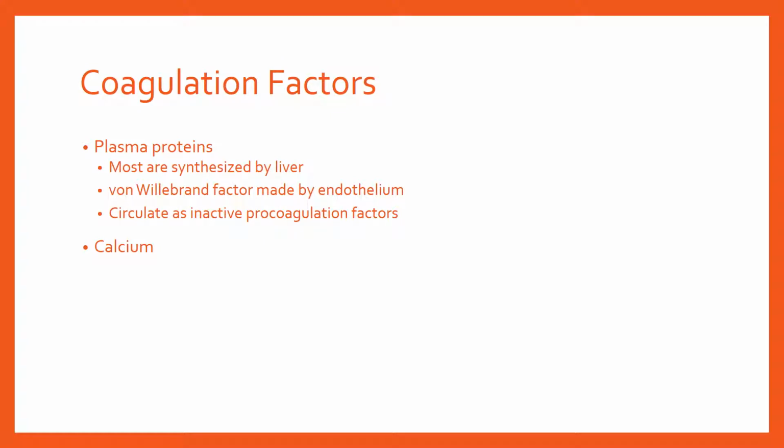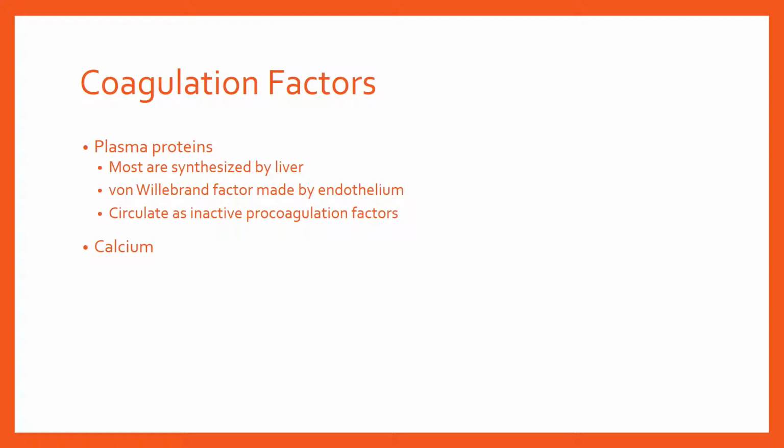So there are numerous coagulation factors. The liver has an important role besides helping with digestion and being part of the GI system. It has the important role of producing and synthesizing these plasma proteins, basically supplying the blood with the coagulation factors.